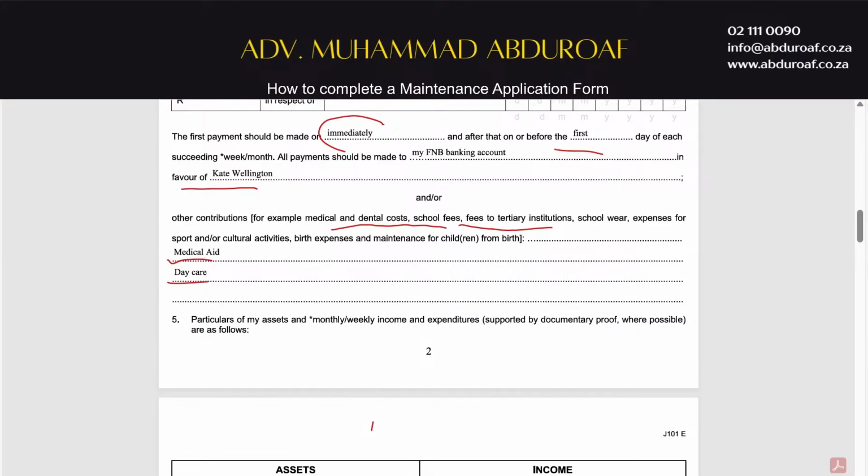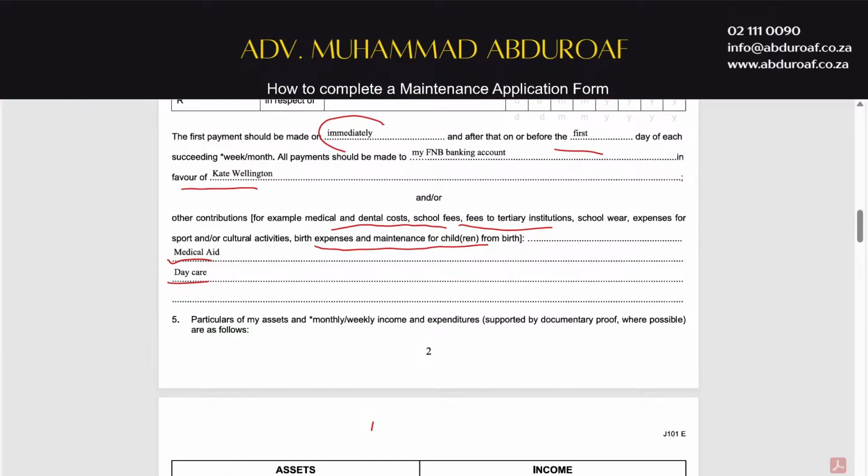This is the important part, the interesting part over here: birth expenses and maintenance for the children from birth. So, for example, let's say the children are quite young and the other parent has not paid much or anything towards the child since birth or towards the birthing expenditure. It's possible for you to claim birthing expenditure or maintenance since birth.